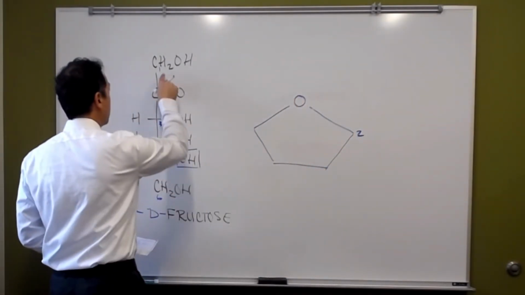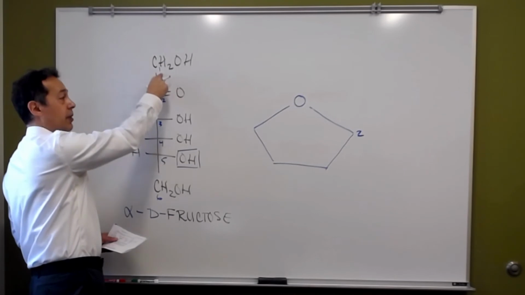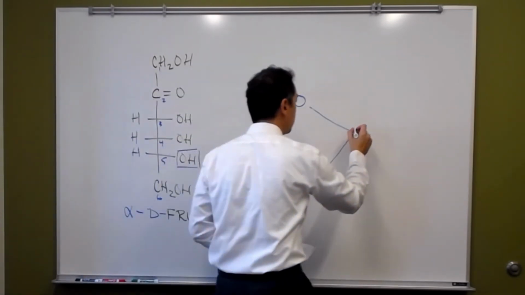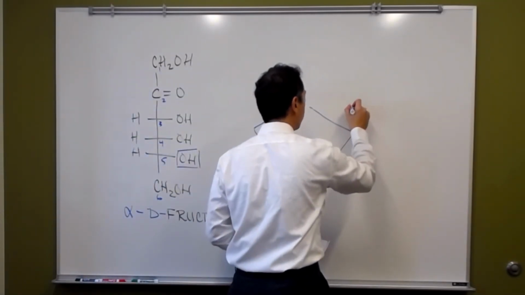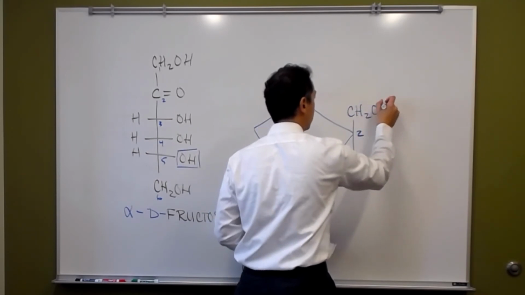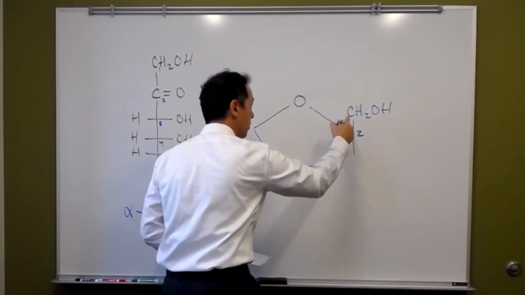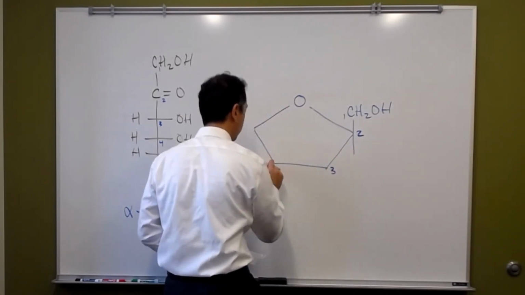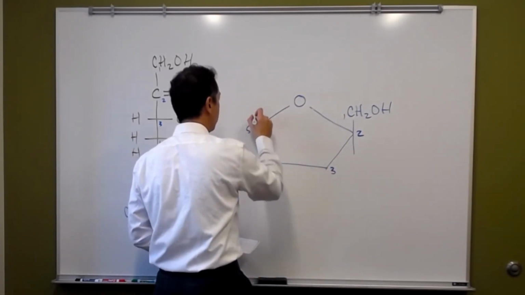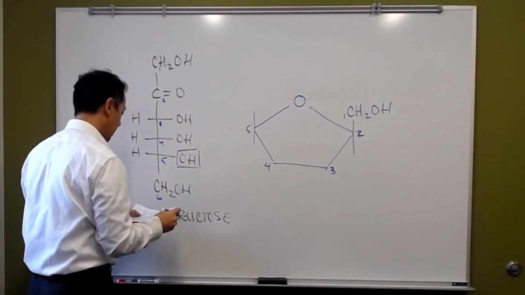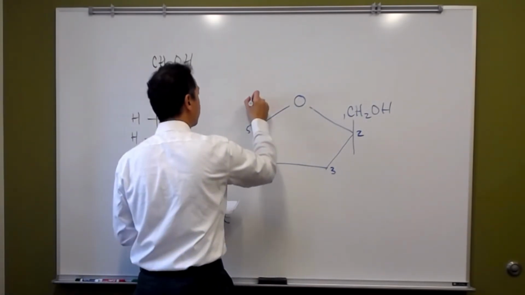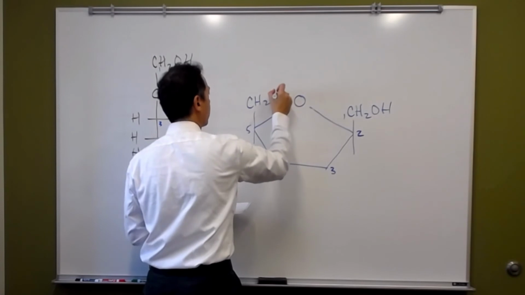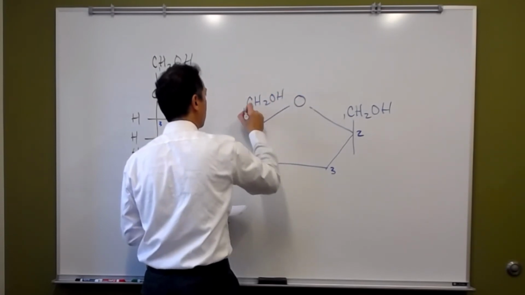And you might say, wait a minute, where's this carbon atom? Well, that's going to be up here, like that. So it goes 1, 2, 3, 4, 5, and then coming up here is going to be 6.